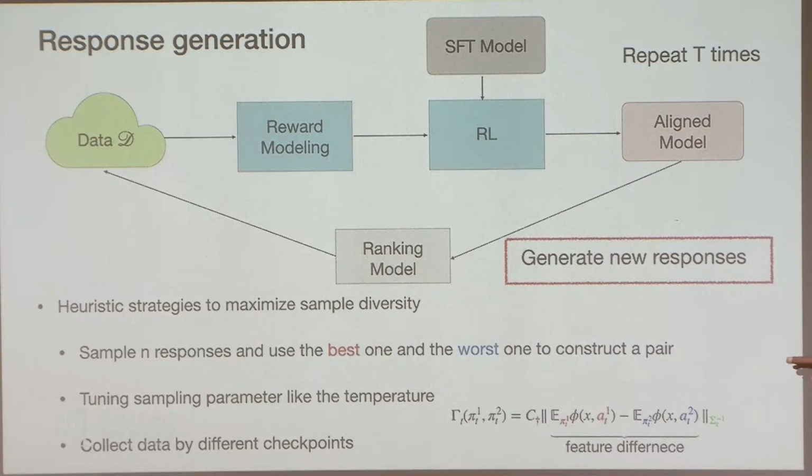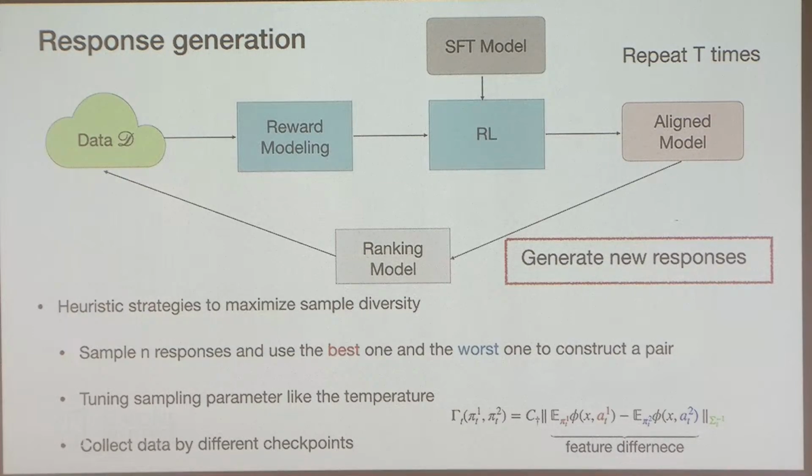You sample n responses, and we use some reward model or ranking model, either ARMO or the pairwise preference model, to rank all these responses. You take the best response and also the worst response to construct a pair, enlarging the difference between these two responses to improve the sample diversity.